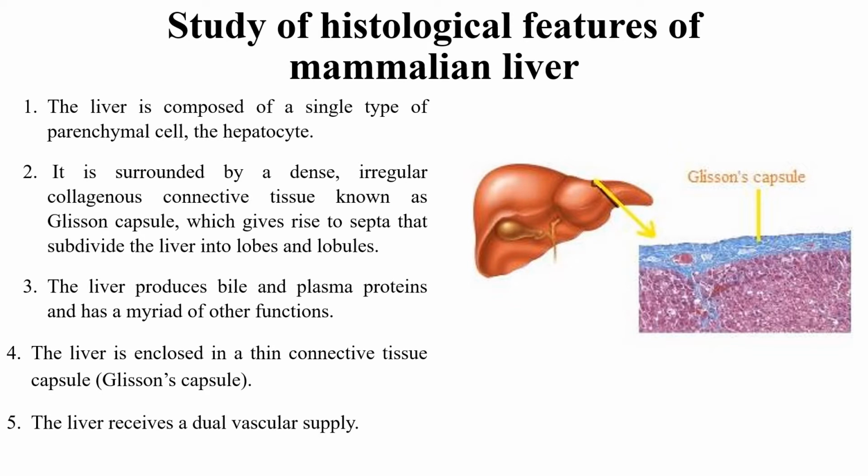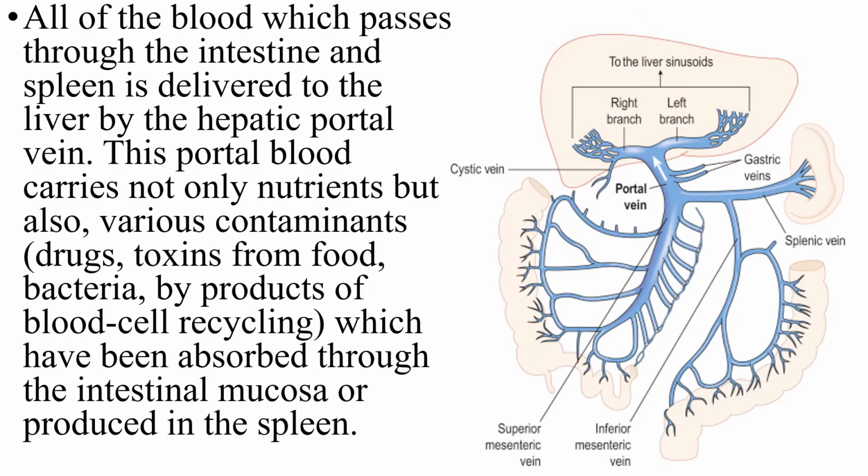The liver receives a dual vascular supply. All the blood which passes through the intestine and the spleen is delivered to the liver by a special portal system called the hepatic portal system, through the vein called the hepatic portal vein.